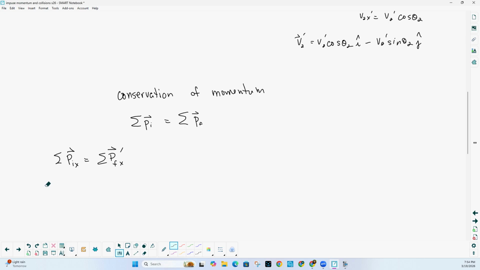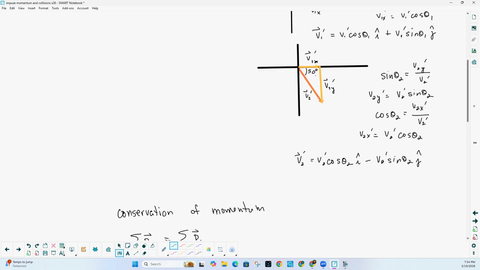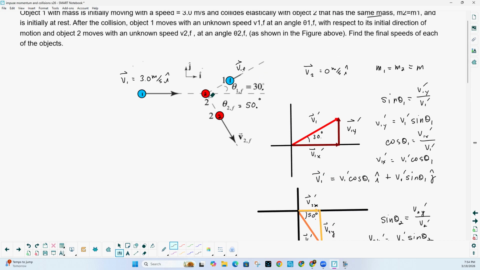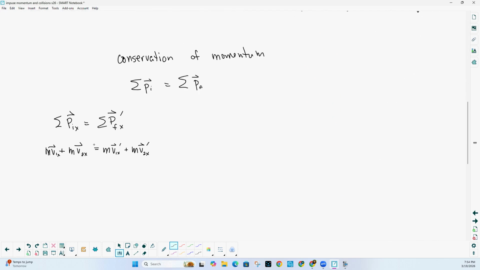So we have m, remember, because m1 is equal to m, v1x plus mv2x, has to be equal to mv1x prime plus mv2x prime. Now, looking at your picture here, you can see that ball 2, sorry, is at rest. So that means that this term is 0.